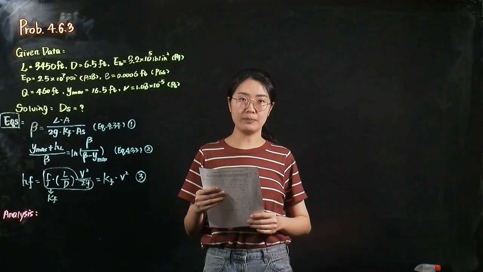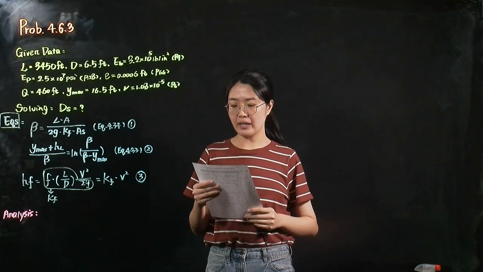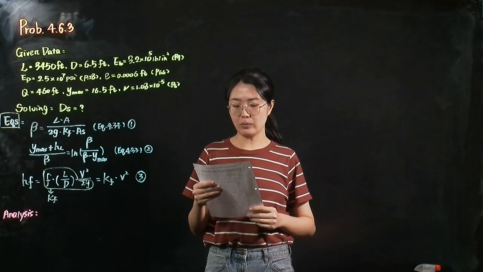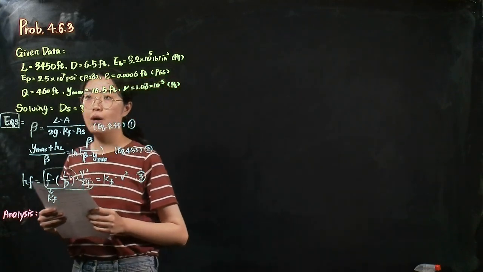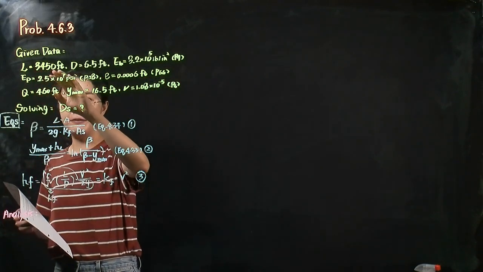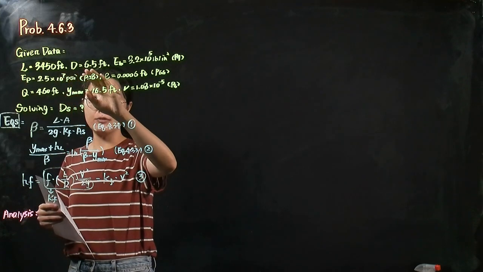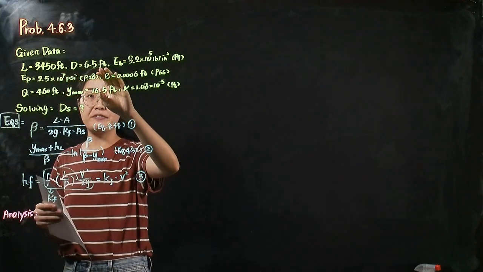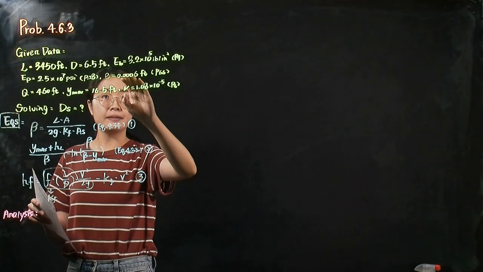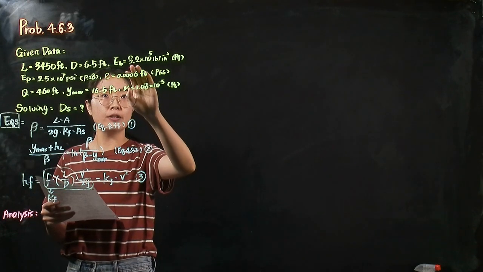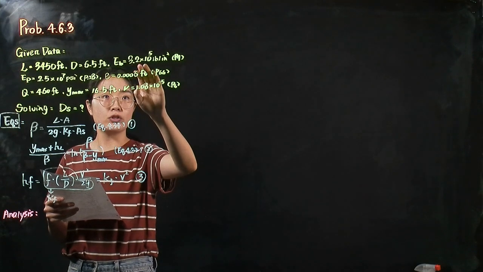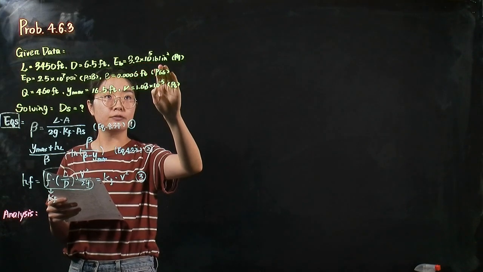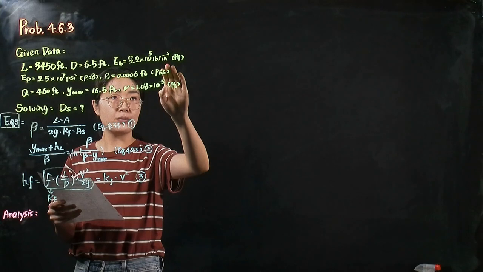Let's look at problem 4. A surge tank is being designed to retard the water hammer in a pipe. The length of the pipe equals 3,450 feet. The diameter of the pipe is 6.5 feet. And the water elasticity equals 3.2 times 10 to the power of 5 pounds per square inch.